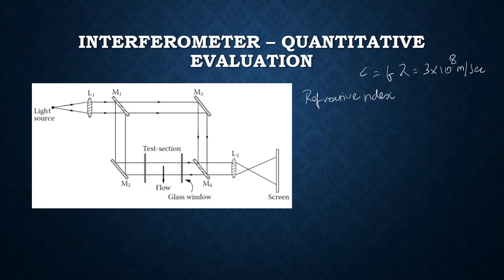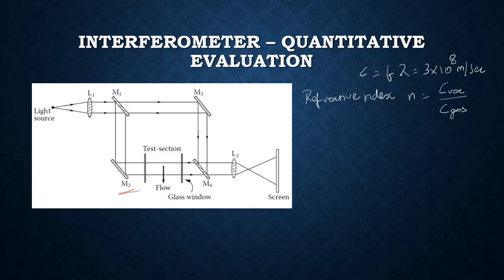The refractive index n is the ratio of the speed of light in vacuum to the speed of light in gas. As I have been telling you, we place the test section between the beam splitter and the reflector, that is, the fully silvered mirror.